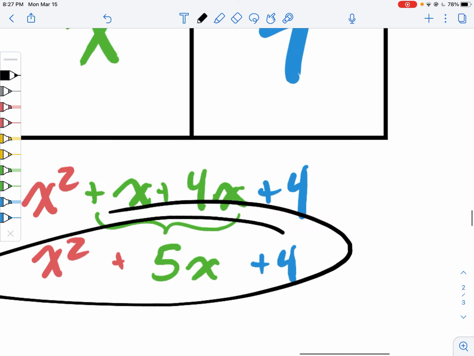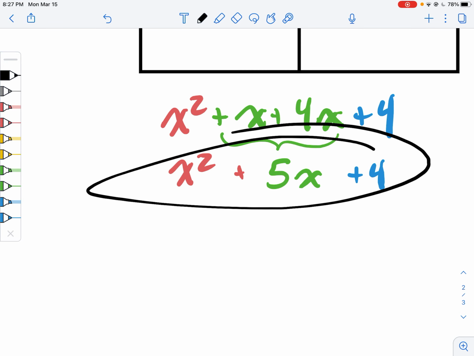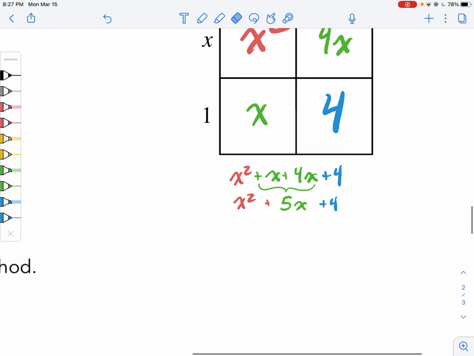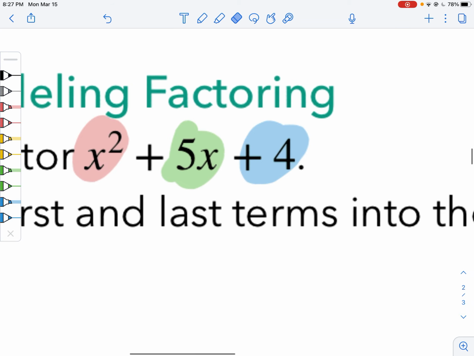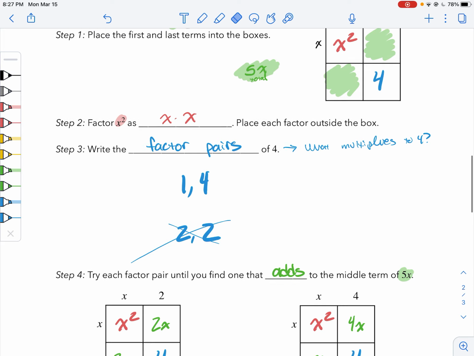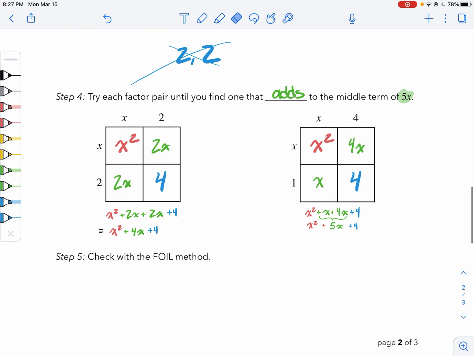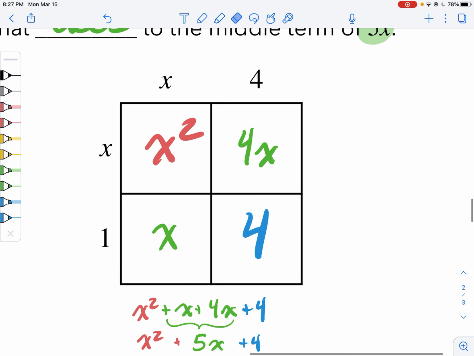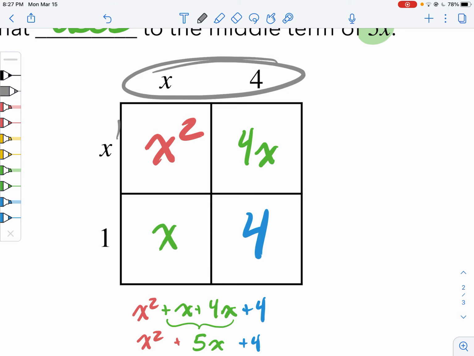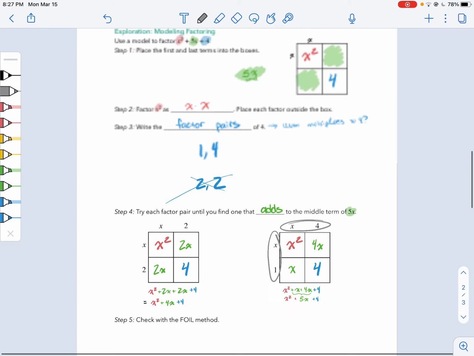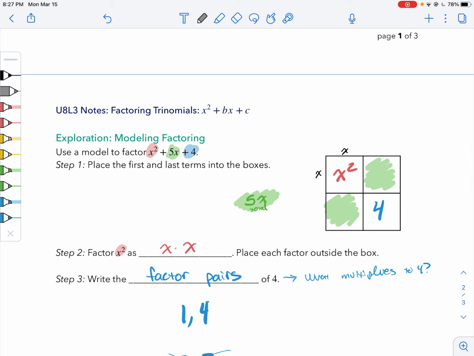Cool. Except x squared plus 5x plus 4 is not our answer. That's where we started. I said, hey, factor x squared plus 5x plus 4. So what's our answer? Our answer is actually this information right here. What we were asked is, you have some shape and the area inside is modeled by x squared plus 5x plus 4.